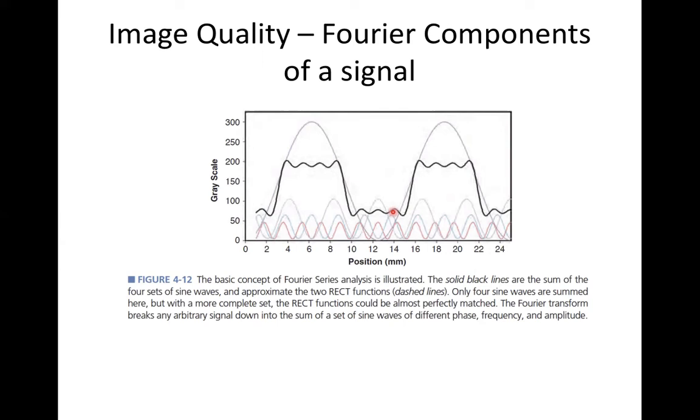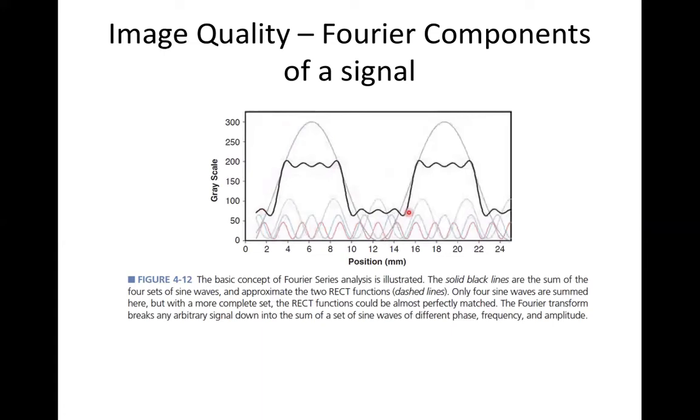And otherwise, it turns out that most imaging systems will operate or attenuate spatial frequencies differently depending on their frequency. So the system might attenuate this red frequency more than it does this very large or low frequency purple signal. And we're going to go through an example of that.